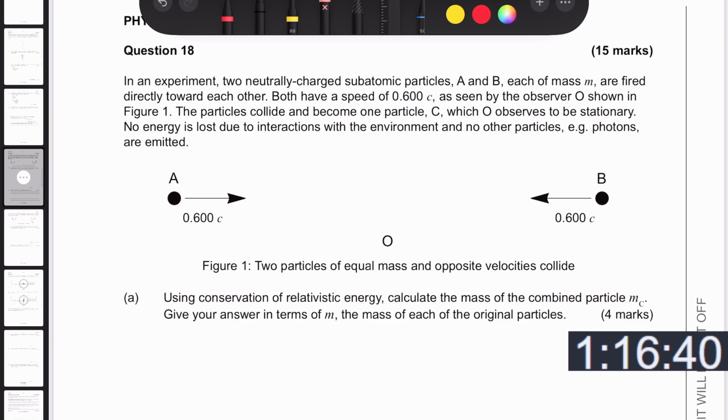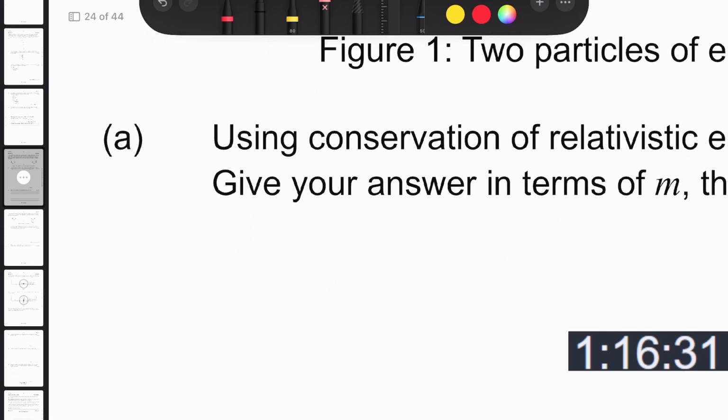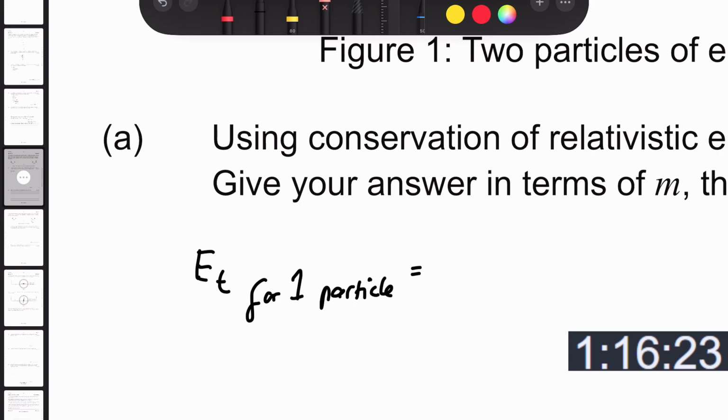Using conservation of relativistic energy, calculate the mass of the combined particle mc, giving it in terms of m, the mass of each of the original particles. Then ET for one particle is going to be, actually no, we can just do it like this.